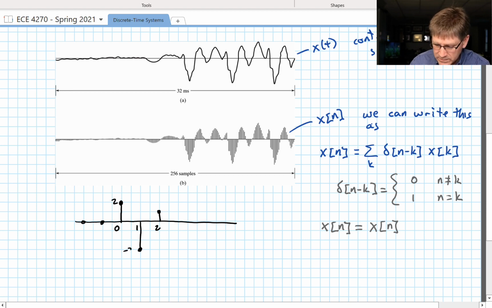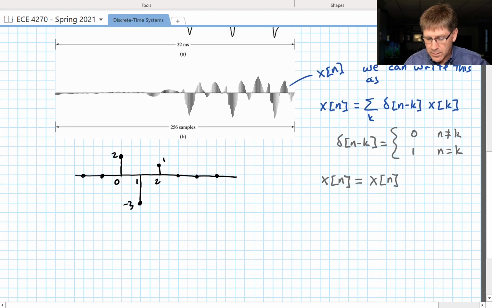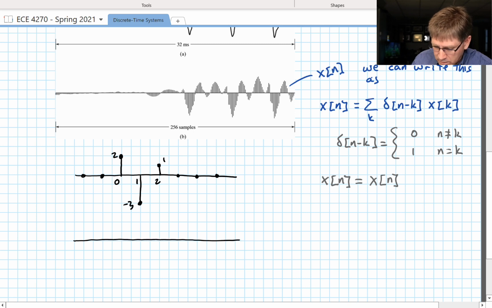The value of that is 2, that's minus 3, and that amplitude is 1, and then it's 0 everywhere else. Well, we could write this graphically as 2, and all the rest of these are zeros.